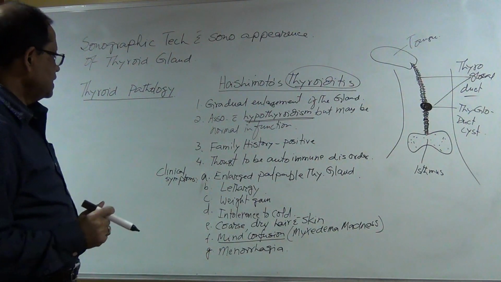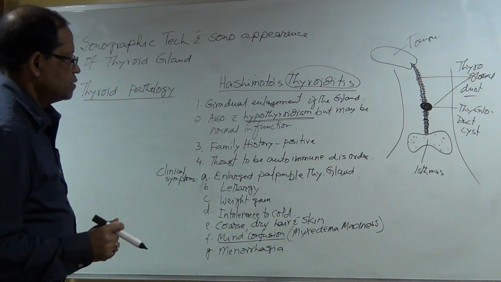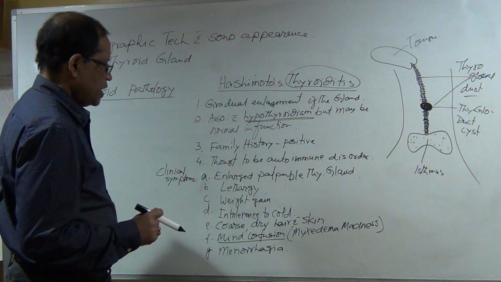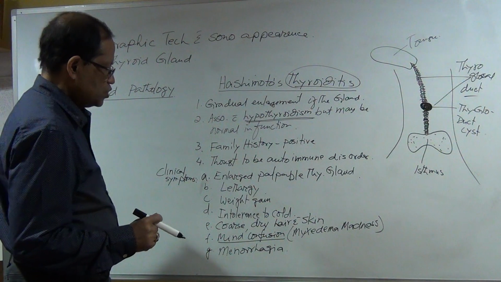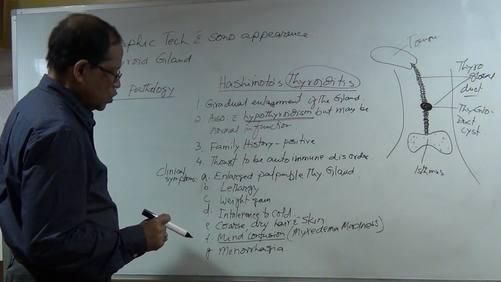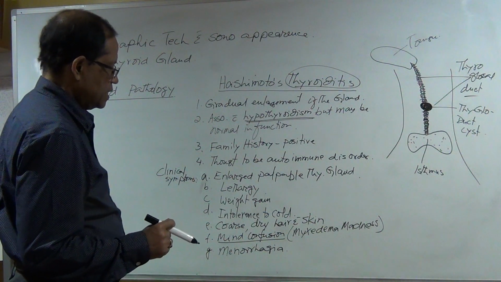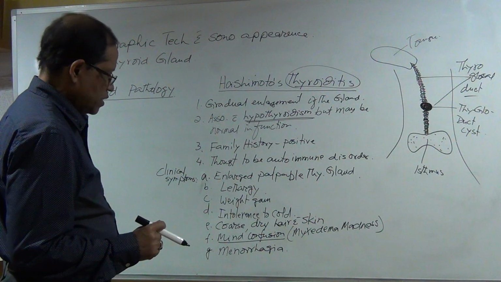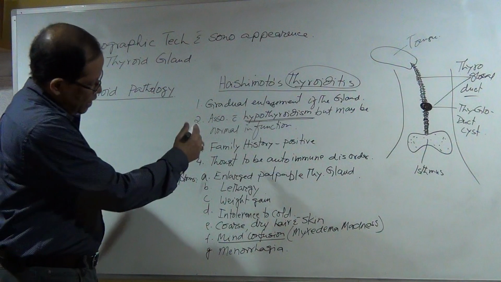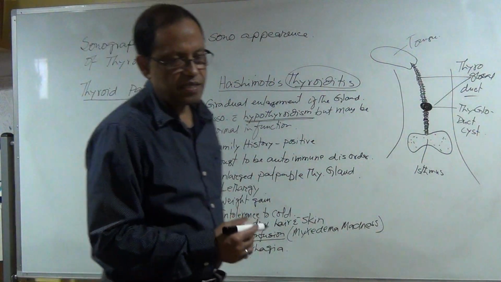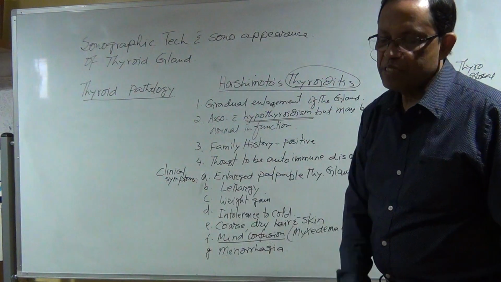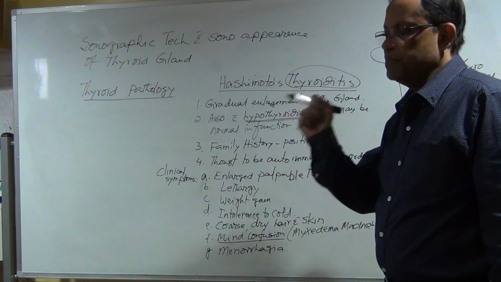These are the clinical symptoms: enlarged palpable thyroid gland, lethargy, weight gain, intolerance to cold, coarse dry hair and skin, mind confusion, menorrhagia. They will give questions with these signs and symptoms and ask what type of disease it is. Keep that in mind.